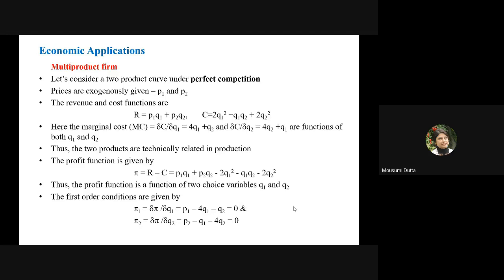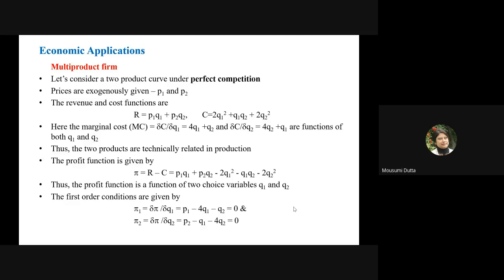P1 and P2 are given to us. So once we get the profit maximizing levels of outputs, we will be able to find out pi star, the optimum of profit. And then we have to check the second order condition to ensure that this profit is maximum.